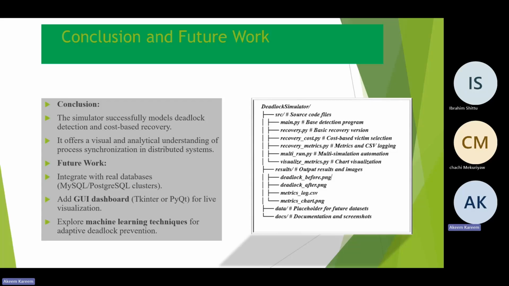Moving on to the next slide, this is where we wrap up everything we have seen in the previous slides. Our simulator has successfully demonstrated how deadlock detection and recovery work in distributed systems. It was able to detect cycles, choose the best victim to terminate, and visualize the result through clear graphs and performance charts.